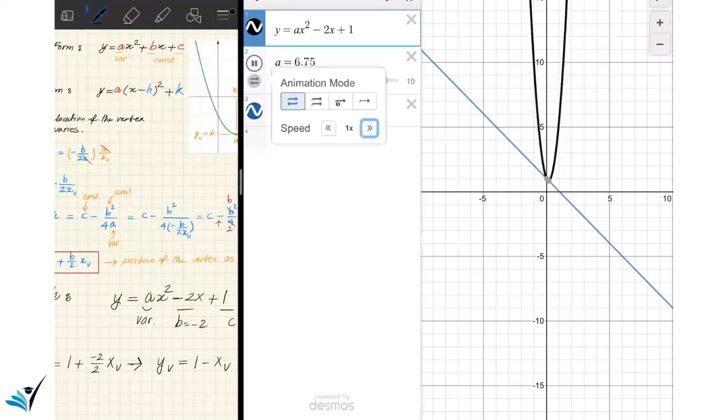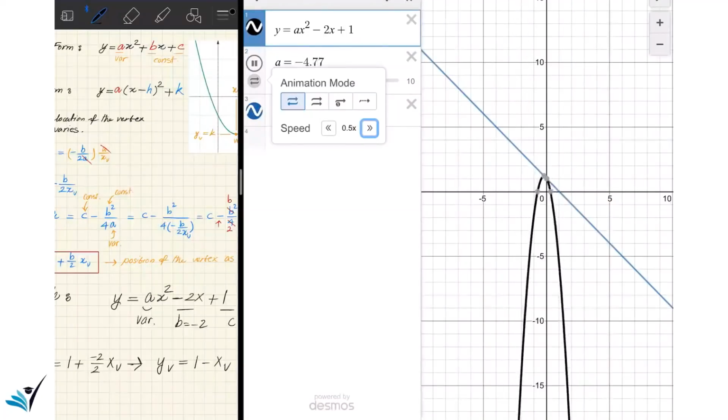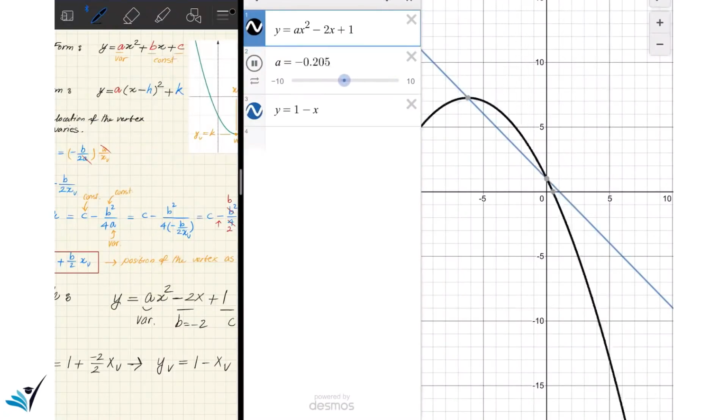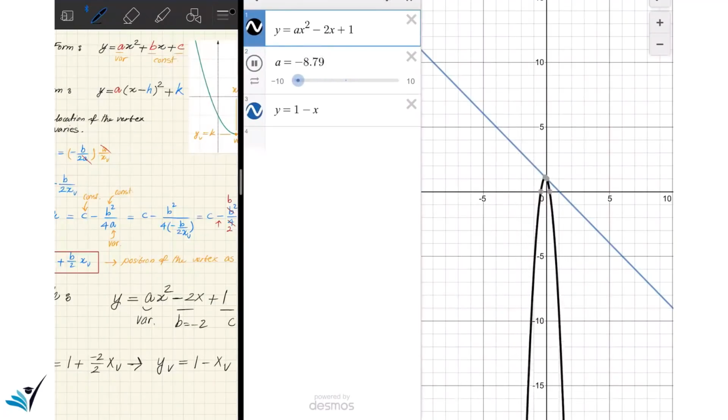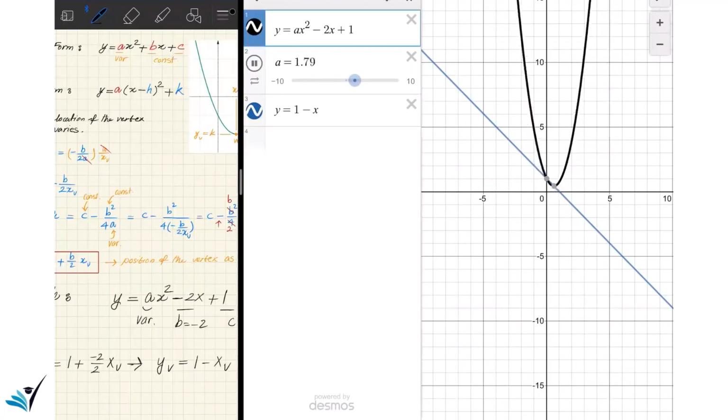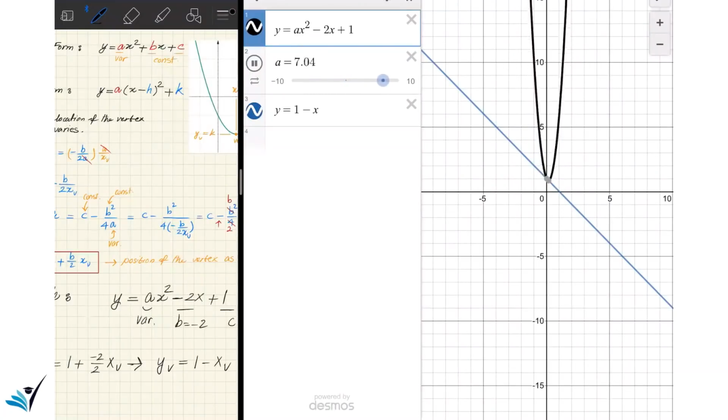Let me reduce the speed so we can track the position of the vertex. Pay attention to the point that's showing the vertex and try to track it. As you can see, the vertex moves along this blue line as a varies between the negative and the positive values.